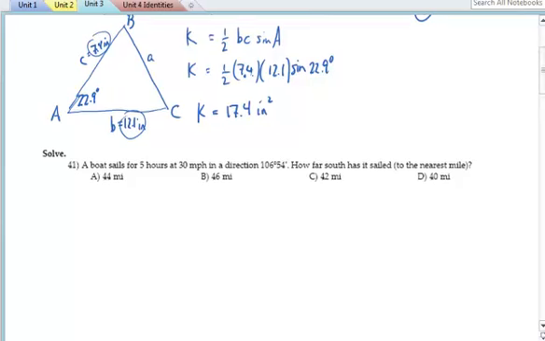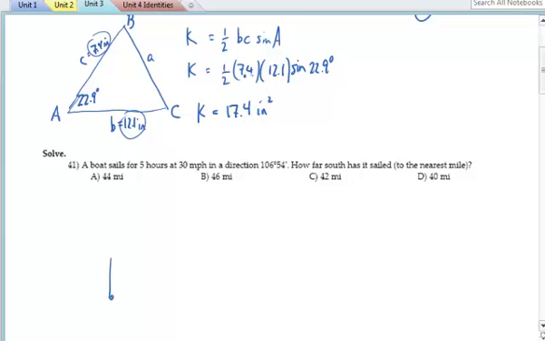Now our next problem is some vector math. We have a boat sailing for 5 hours at 30 miles per hour in a direction of 106 degrees 54 minutes. So this is a compass heading. Here's the boat.